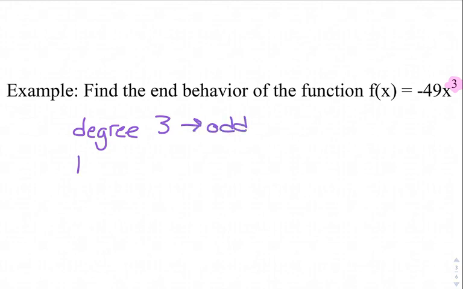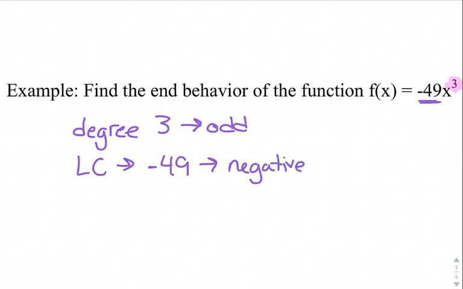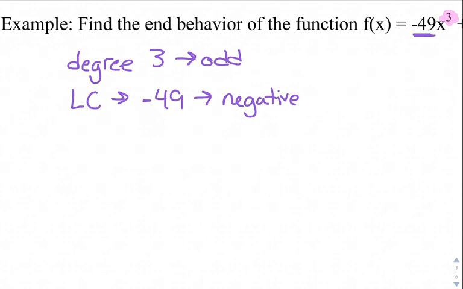Now I take a look at the leading coefficient, which here is -49, a negative number. So what happens when my function is odd and the leading coefficient is negative? The answer is it rises left and falls right.